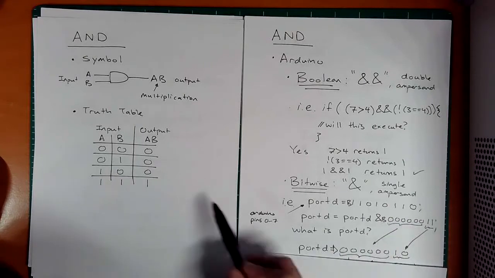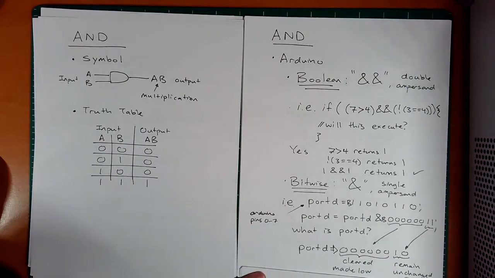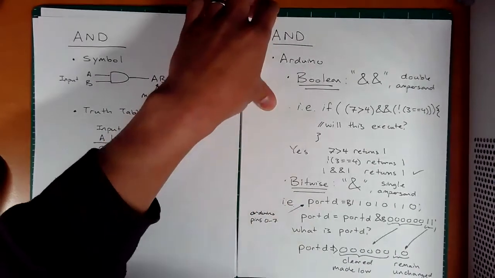I kill it. Anything ANDed with zeros gets killed. So notice ANDing something with zeros clears it out, and ANDing something with ones makes it unchanged, right? If I AND these two with ones, nothing happened to it. That's a little trick there, and we'll see that later in the last lecture.